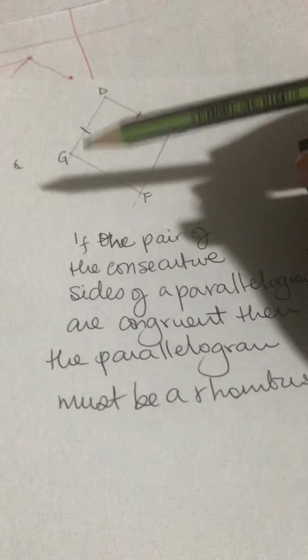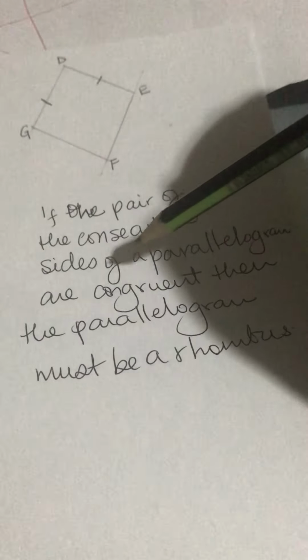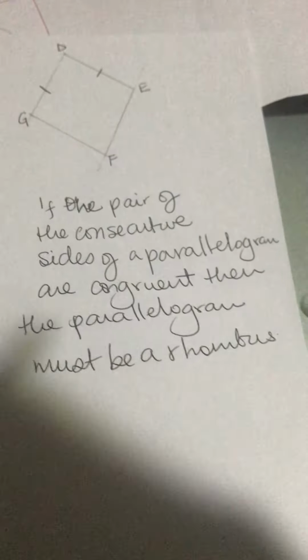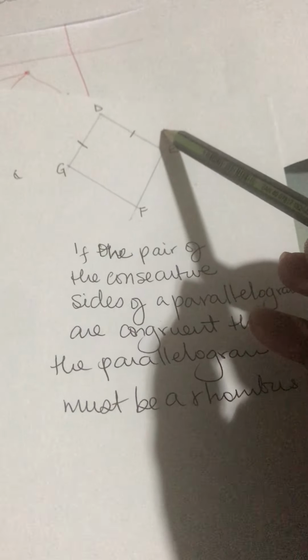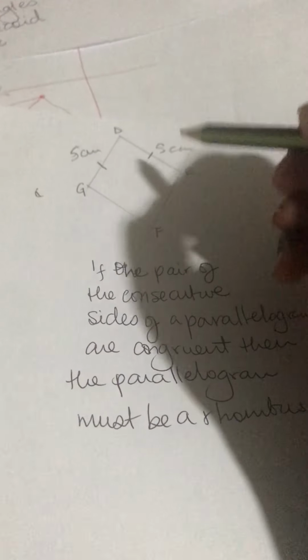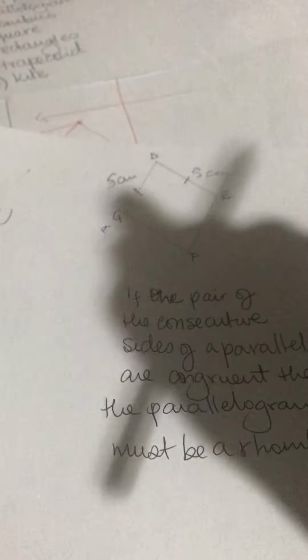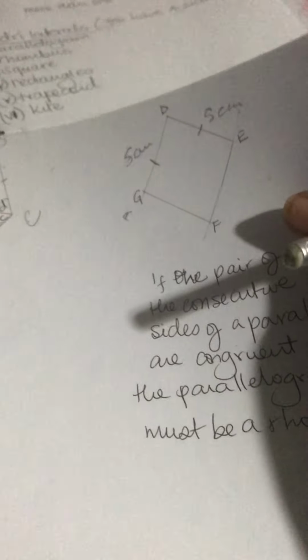So if one pair of the consecutive sides of a parallelogram are congruent, then that parallelogram must be a rhombus. The minute you put tick marks saying they are congruent, or if I wrote 5 centimeters here and 5 centimeters here, then that shape must be a rhombus. Must be.